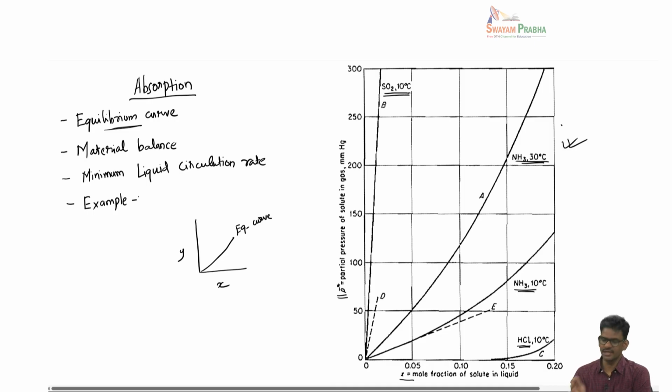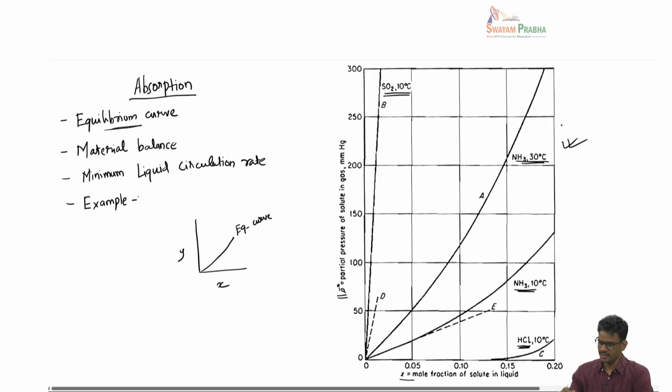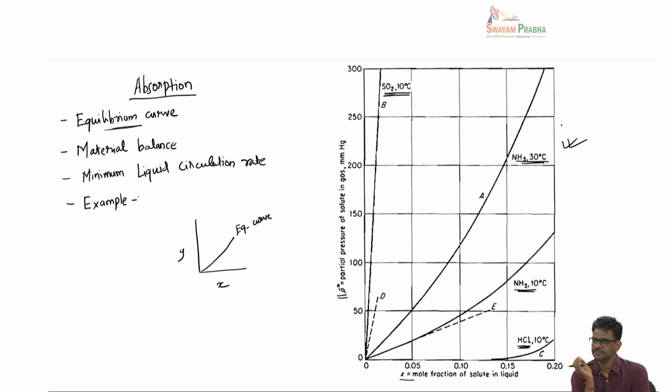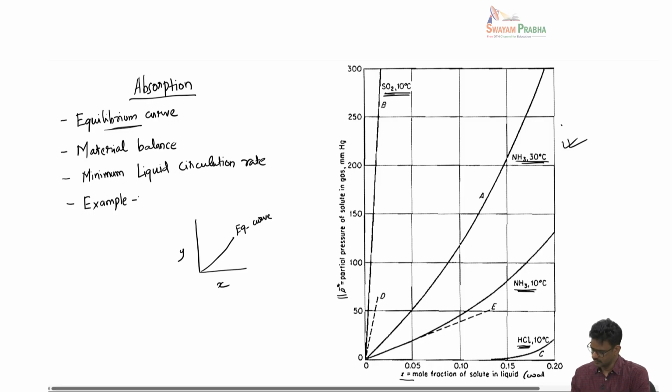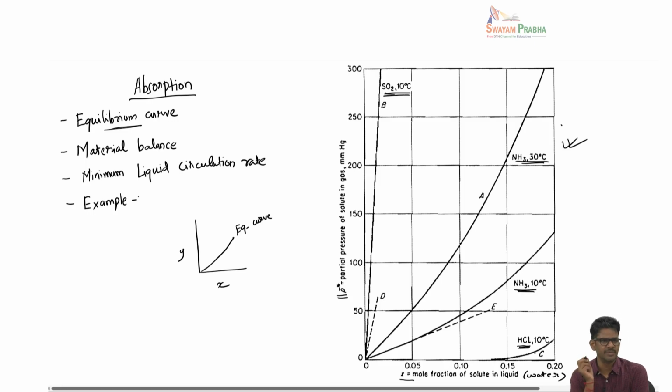First of all, if you look at the data corresponding to the same temperature, let's say 10 degrees, between HCl, ammonia and sulfur dioxide, by looking at the shape of these curves, you can tell which gases are more soluble and which are not so soluble. So here the liquid is water. So these solubility curves are specific to a given solvent. Okay, so here we are talking about solubility of various gases in water. You can see this HCl has the smallest slope, meaning this HCl is actually a very soluble gas.